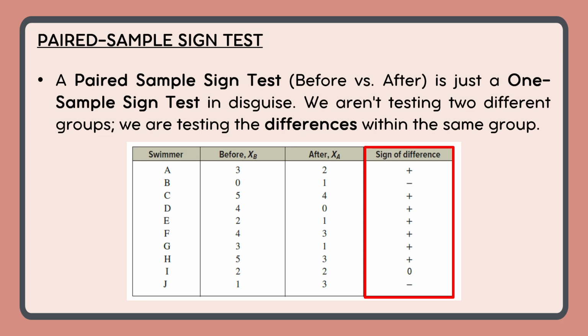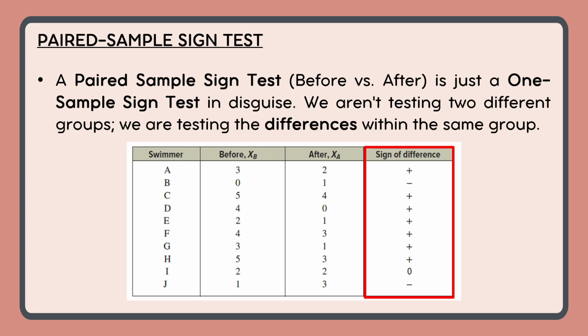To solve for the paired sample sign test, we will just use the same steps like how we solve the one sample sign test. The only difference is that to count the number of positives and negatives, we have to get the difference first between the paired samples.